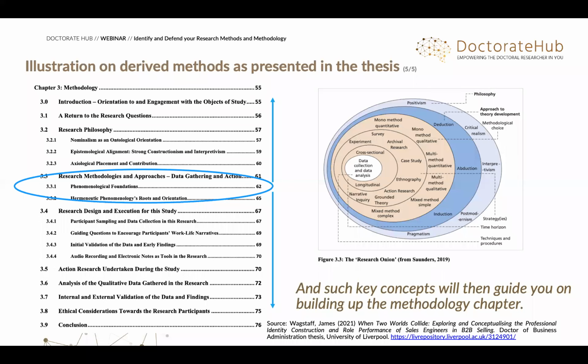So the theoretical or conceptual framework is part of the methodology. And usually it comes at the beginning, spelling out and guiding how things belong together and providing the glue, so keeping the entire methodology chapter together, if that makes sense.